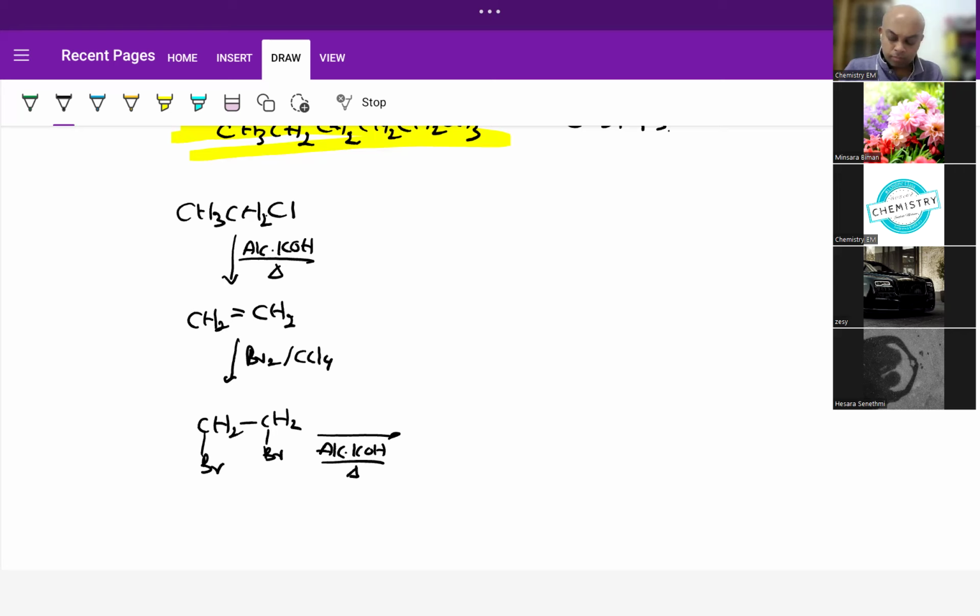So then this will be converted into a triple bond like this, right? Then this is an acidic alkyne. What is an acidic alkyne? How do you identify an acidic alkyne? There are two types of alkynes, right? Alkynes and acidic alkynes.